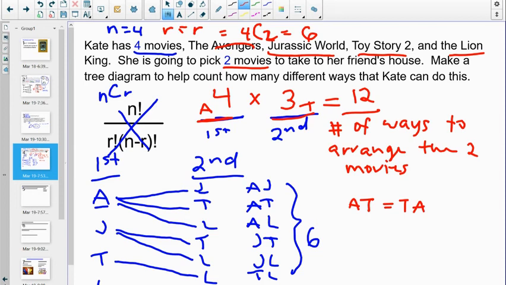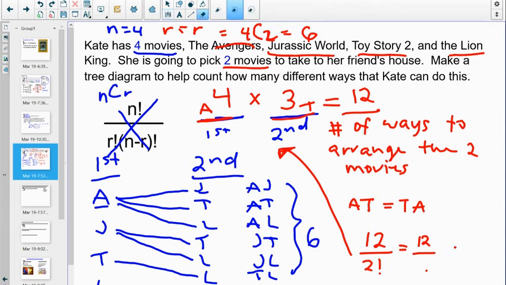So we would take that 12 that we got in that permutation, but then we would divide by 2 factorial, because that's how many different ways you can arrange those 2 slots there. And that's the same thing as saying 12 divided by 2. Wow. The answer gets you to 6.